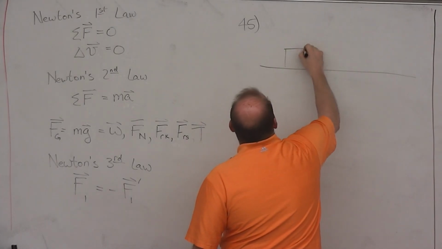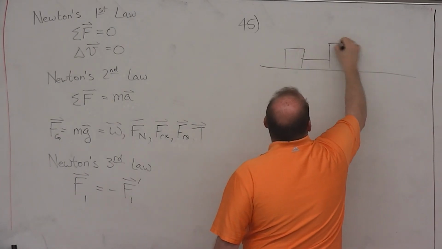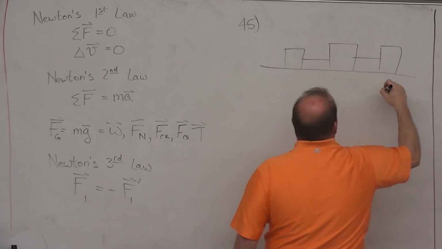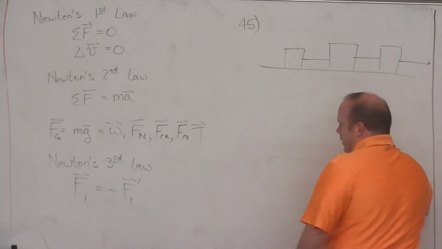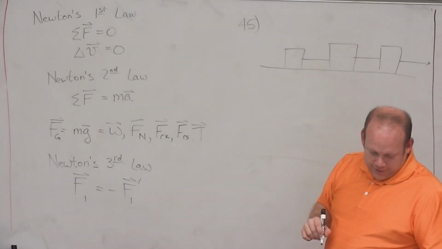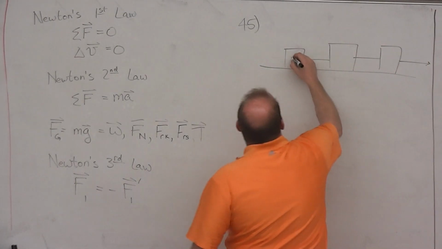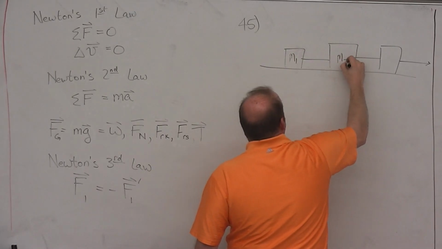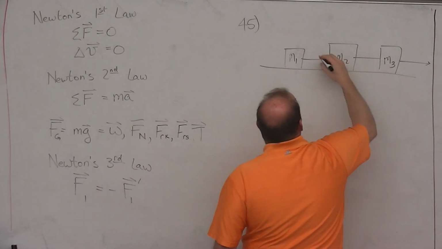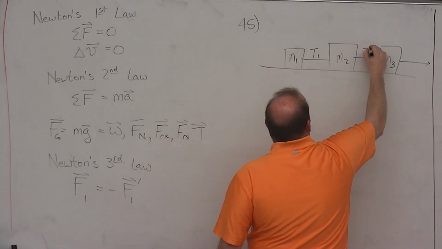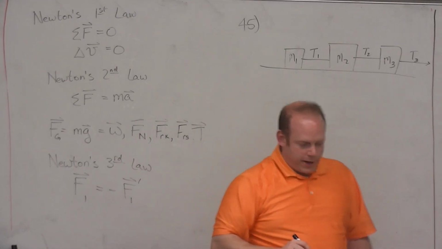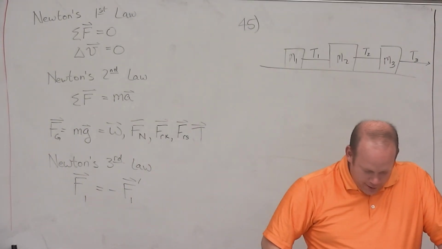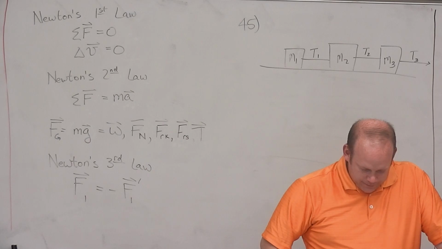We've got mass here, mass here, mass here, and I'm going to pull with a certain force. Now, this is M1, M2, M3, tension 1, tension 2, tension 3. So now, they're going to be pulled over to the right. I know tension 3 is 65 newtons.